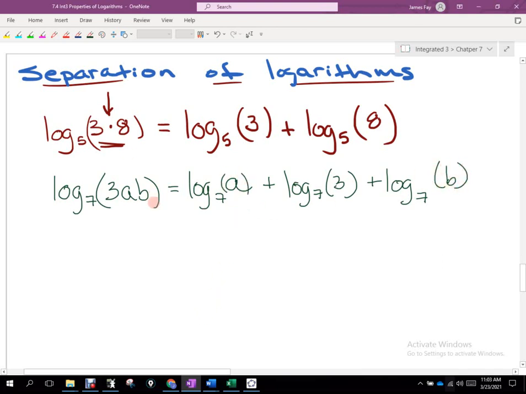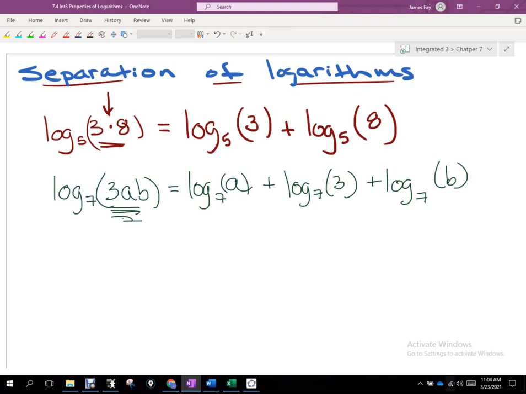Okay, so we have a product of 3 objects, right? And when we separate them, there's going to be a sum of 3 things. And because products and sums are, what's the property? They can move things around and still get the same result, so they're commutative.